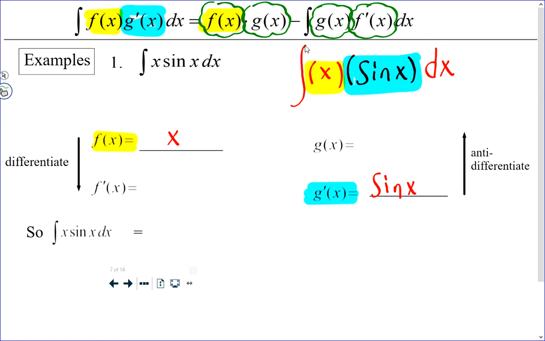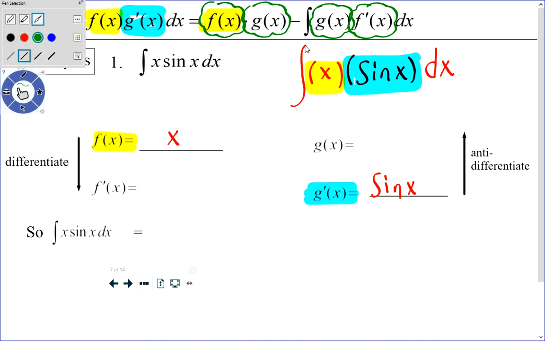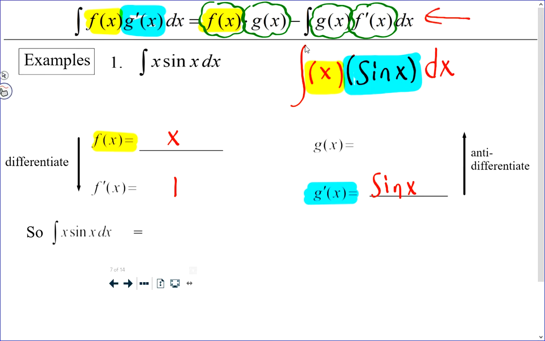So that's why the schematic I have on the board I think is useful. Whatever you choose for f of x, you are going to differentiate to determine f prime of x, and you get 1. F of x is x, so the derivative of x is 1. You need to do that because you're going to have to replace f prime of x in the formula with something, and it's going to be replaced with the number 1.